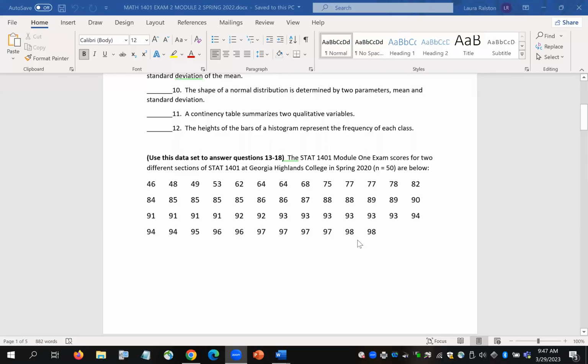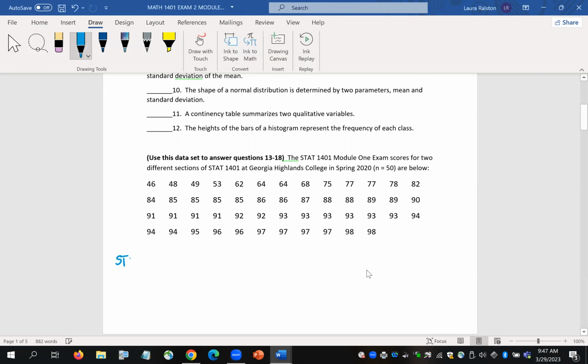With the stem and leaf plot, you have the raw data. Typically with a stem and leaf, it's a way to organize your data. It helps you to order the data. So I'm just going to make some notes here on this particular document. Stem and leaf is just an organizational tool.